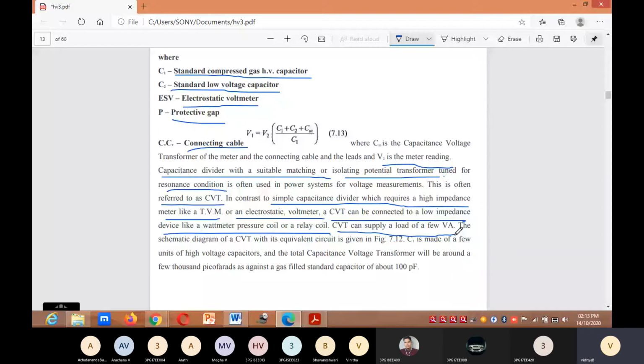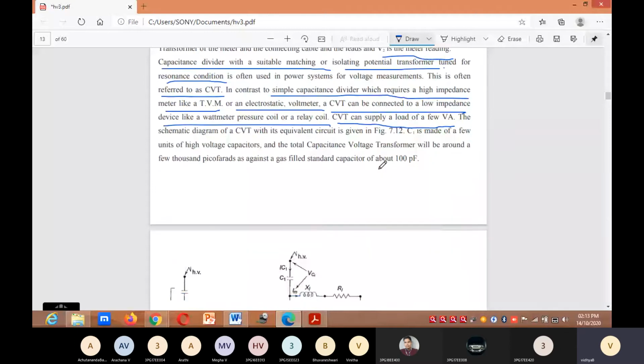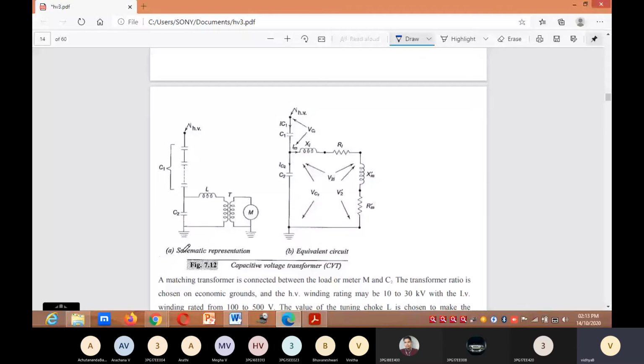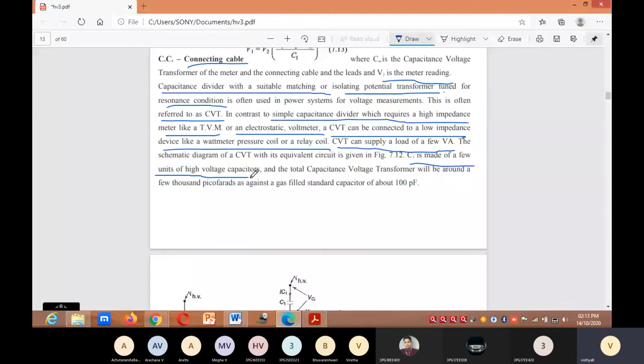This is the schematic diagram of a CVT with its equivalent circuit. C1 is made of a few units of high voltage capacitors, and the total capacitance will be around a few thousand picofarads, as against gas filled standard capacitors of about 100 picofarads.